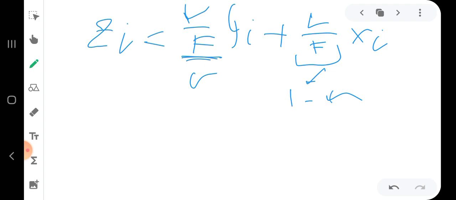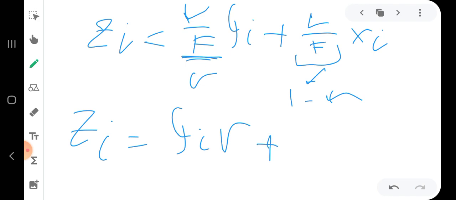Okay, so we can rearrange to get that ZI equal to YI multiplied by nu, which is the vapor fraction, plus 1 minus nu multiplied by XI.